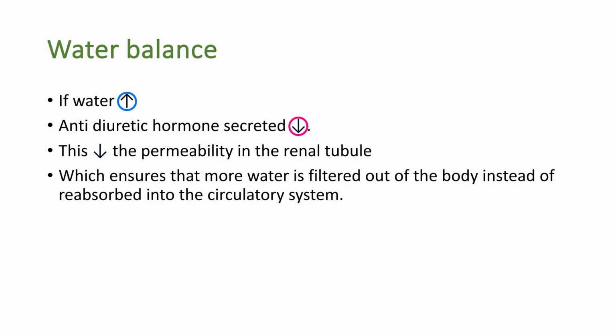This decrease in antidiuretic hormone leads to a decrease in the permeability of the renal tubule, which results in less water being reabsorbed back into the capillaries and more water being excreted in the urine, which is why you will notice that urine is very dilute, making it a light color on those days. This slide shows a concise summary.